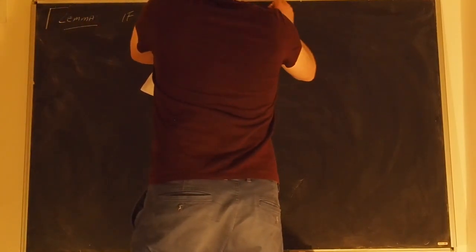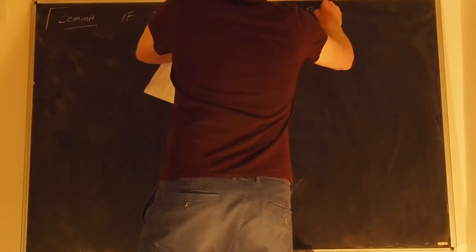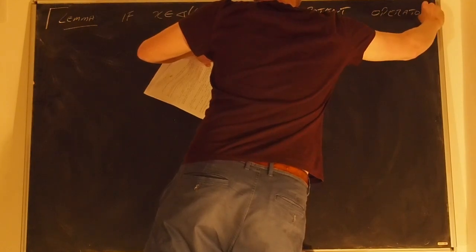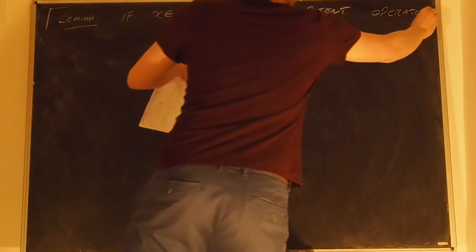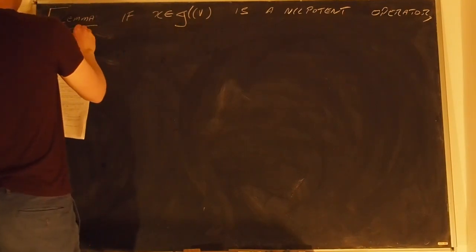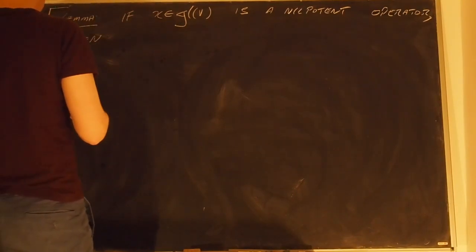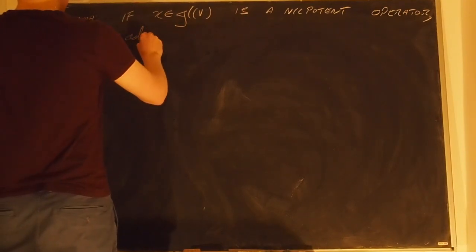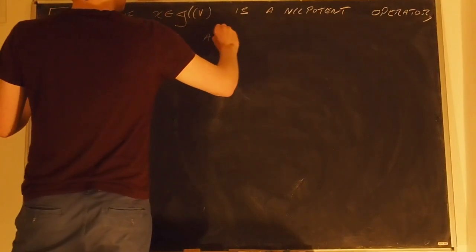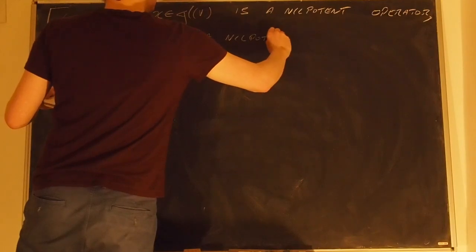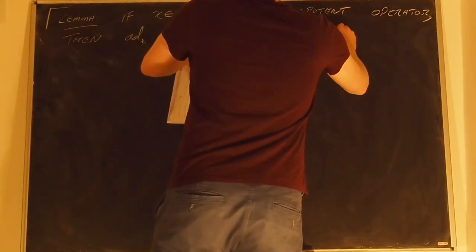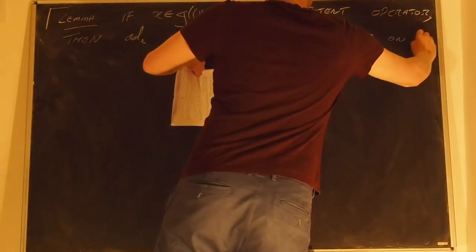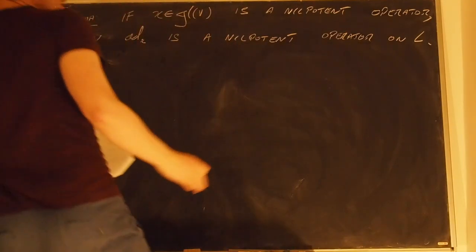So if x is a nilpotent operator, then the adjoint action of x is a nilpotent operator on gl(V).